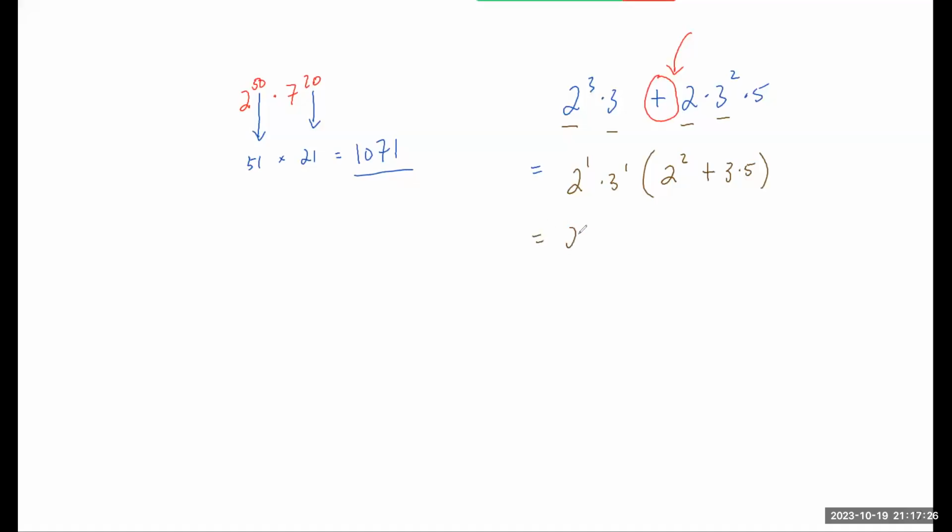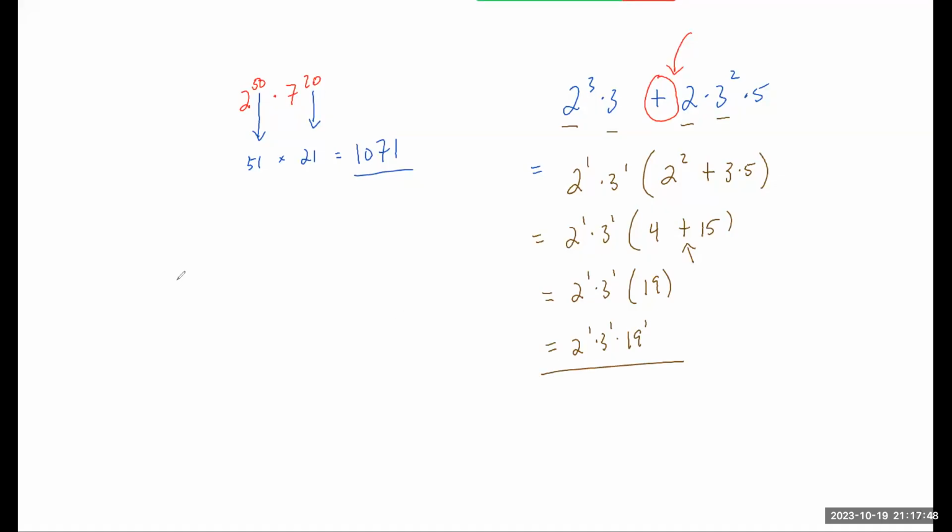And then, 2 squared is 4, 5 times 3 is 15. So notice I still have addition, so I have to keep going. And I have 2 to the first times 3 to the first times 19. Turns out 19 is prime, so my final result would be something like this. So there's my final result.